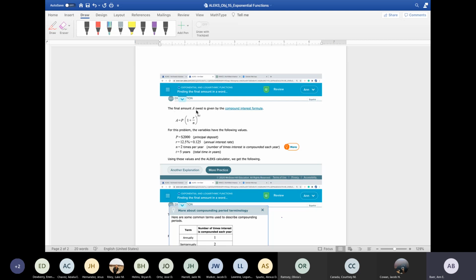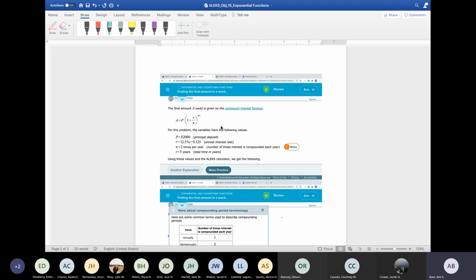The final amount A owed is given by the compound interest formula: A equals P times the quantity 1 plus R over N, raised to the NT power. So that N appears twice.